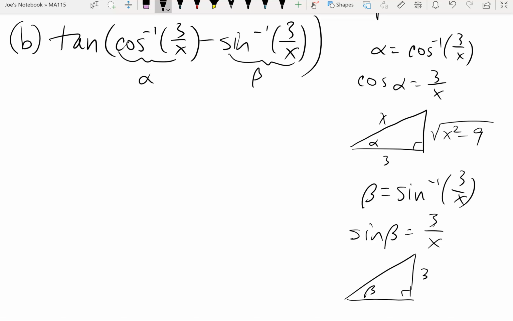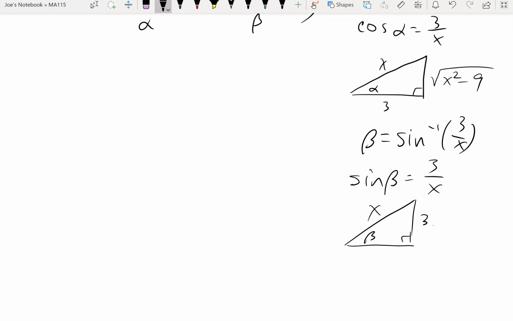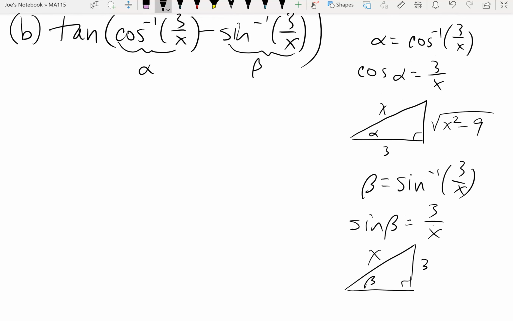Opposite is 3. Yep, the hypotenuse is x, which makes the adjacent the square root of x squared minus 9. So the triangles look similar. Just got the adjacent and the opposite sides flipped, right? So this is tangent of alpha minus beta is what we're interested in.